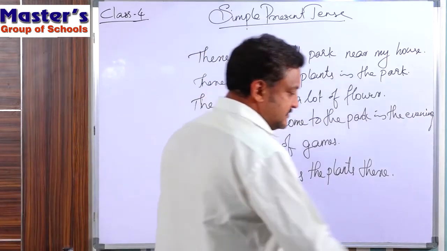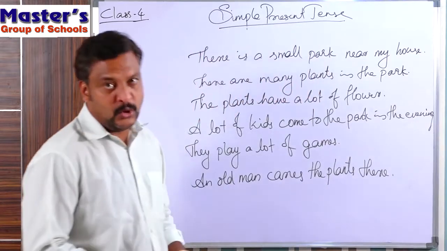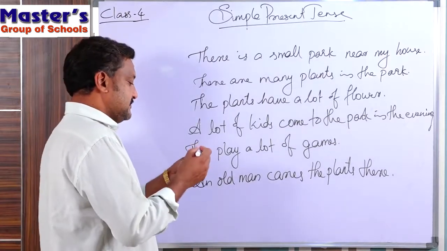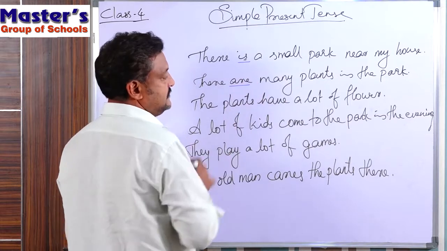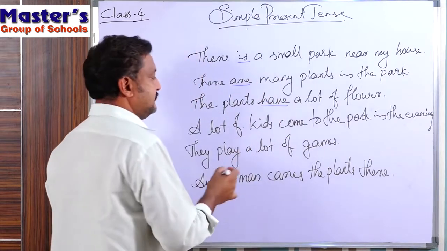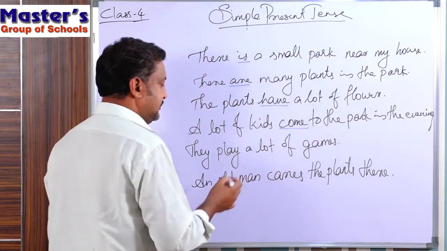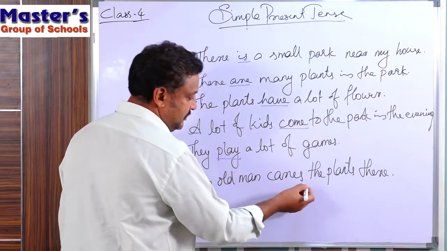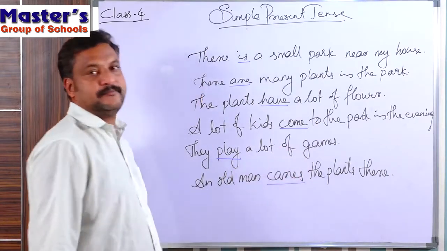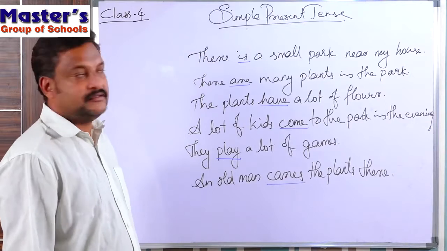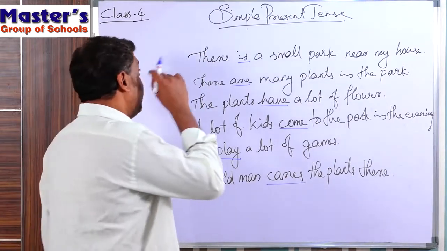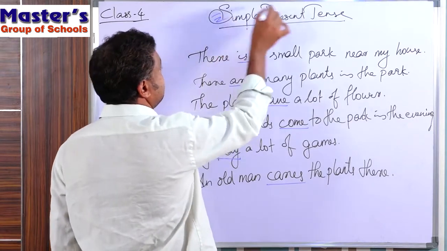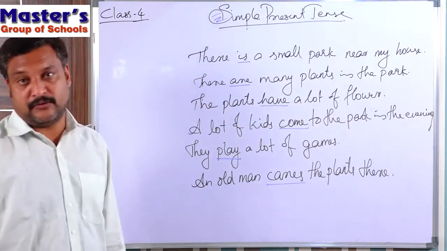So in these 6 sentences, is is a verb, are is a verb, have is a verb, come is a verb, play a verb, cares a verb. These are the verbs in the sentence and they are used in the simple present tense form.